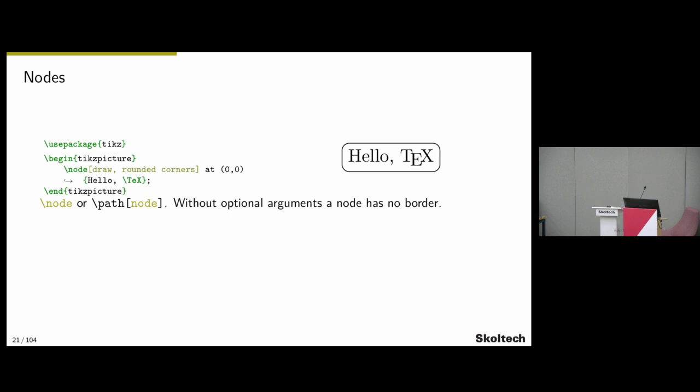If you draw a complex node structure, for example, some block scheme, you will arrange the nodes as you wish. And this sign is just to tell you that we have a new line, so it is not needed in your code. And in the curly braces, we have the text that we want to put inside the node.